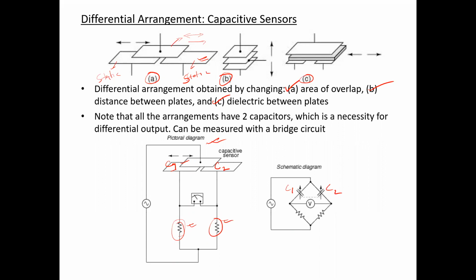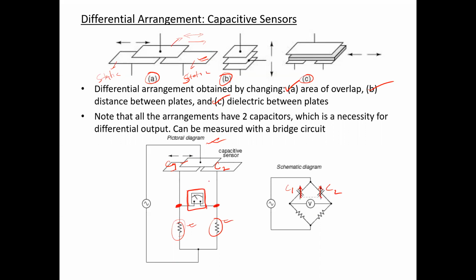Now whenever the upper plate is shifted either to the right hand side or left hand side, the values of C1 and C2 will change. That's why they are shown as variable capacitances in this figure. As the values of C1 and C2 change, the bridge will be unbalanced, and the resulting unbalance can be detected as a change in voltage between these two nodes.